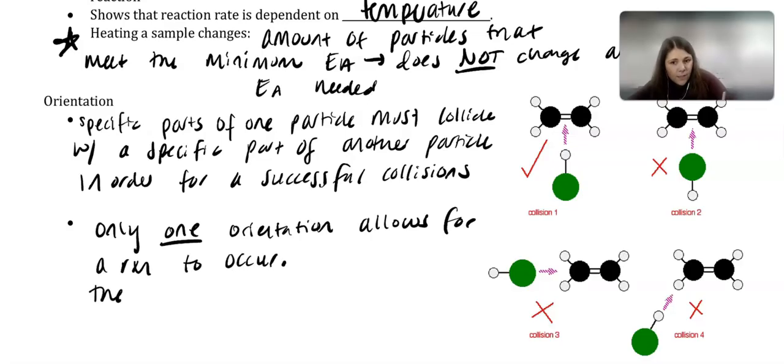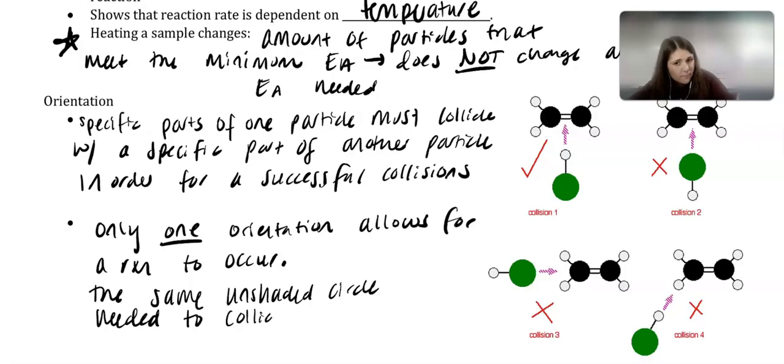You can see the same, if you look at that unshaded circle, so I'm talking about this shaded circle, the one that's attached to the green shade. So the same unshaded circle needed to collide with the double bond in the other molecule.